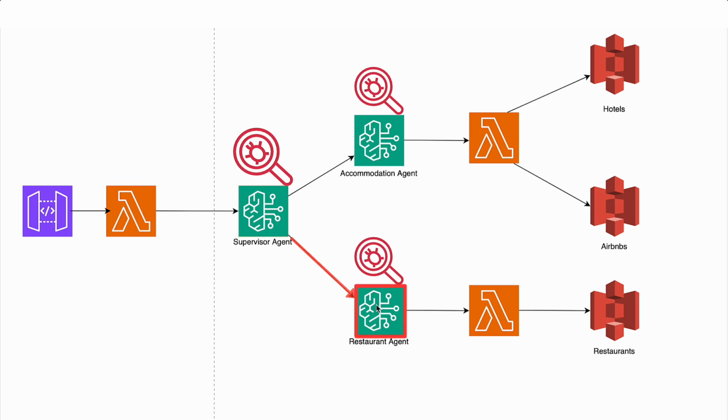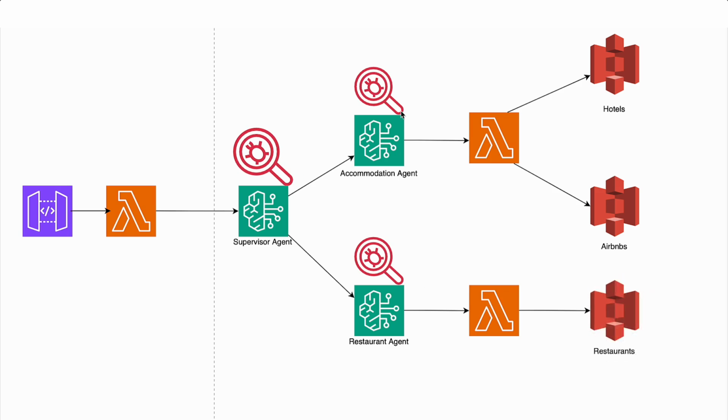And the restaurant agent is going to ask the user, this is an additional search criteria, which city they want to dine in and whether they want a fine dining option or not. Now, once the restaurant agent has all the appropriate information, it's going to call the Lambda function, which is the action group, and it's going to retrieve all the possible restaurants that fit the user's search criteria.